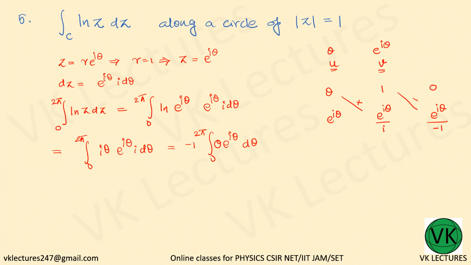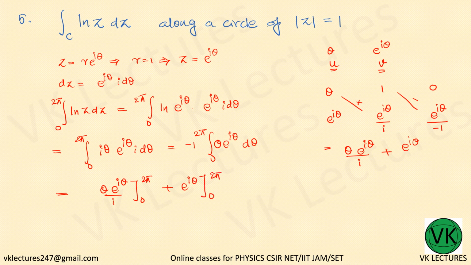So this is plus, this is minus. So integration is theta e to the power i theta by i, minus of minus, plus e to the power i theta. Now substituting the limits, theta e to the power i theta by i from 0 to 2 pi plus e to the power i theta from 0 to 2 pi.